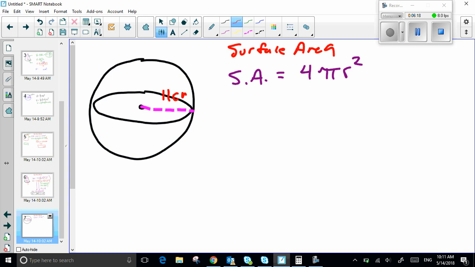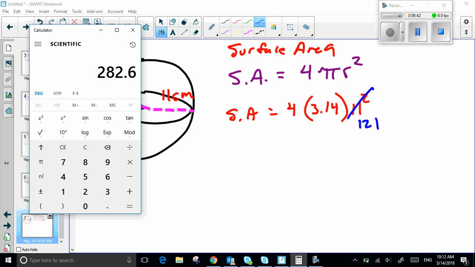11 centimeters. So surface area is equal to 4 pi r squared. Hopefully you've written that down. And then you do 4 times 3.14 and then times 11 squared. Just for the sake of making sure I don't make any mistakes, 11 squared is 121.